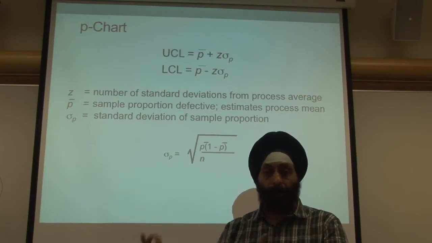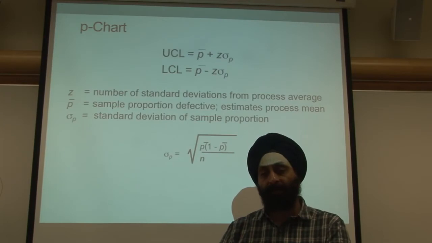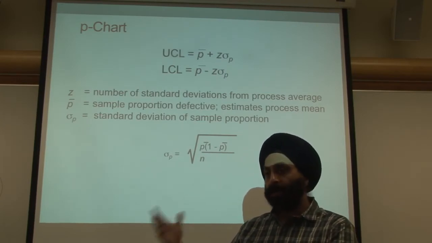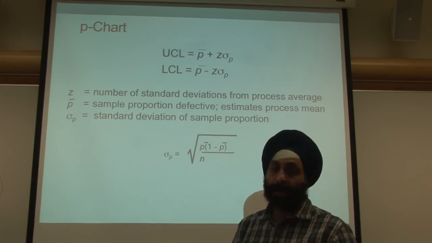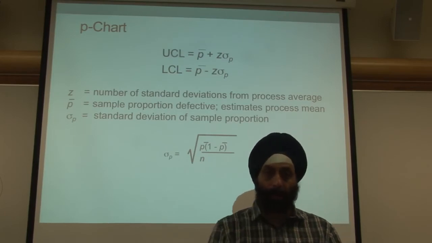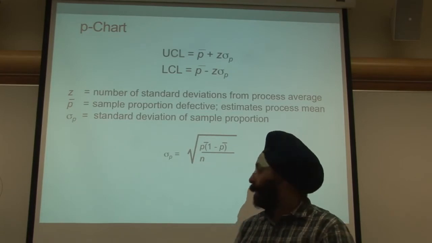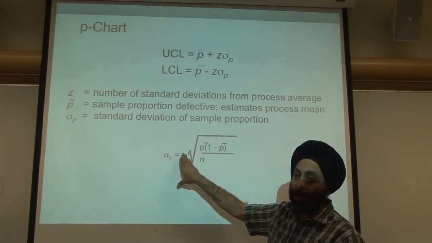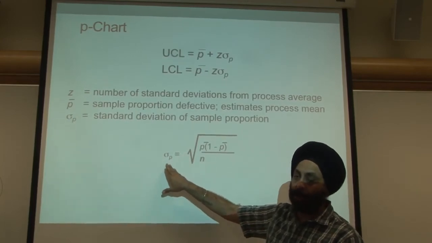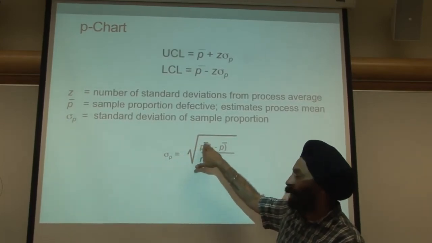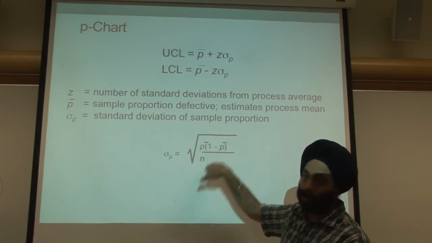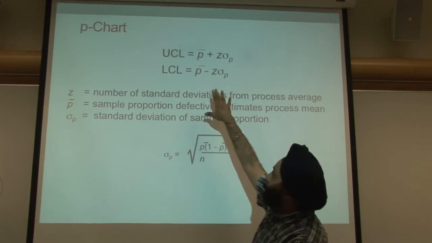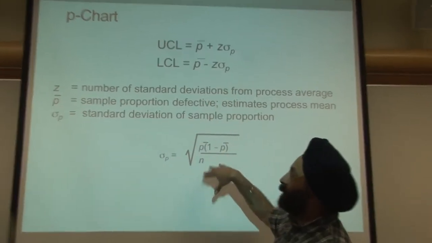So percentage defective would be the percentage of students that did not pass the class, or the percentage of computers that failed a test, so they are non-saleable. We use the formula for the standard deviation of a binomial variable, which is the square root of P bar times 1 minus P bar over n. So this is the binomial distribution value of mean and standard deviation that is calculated.